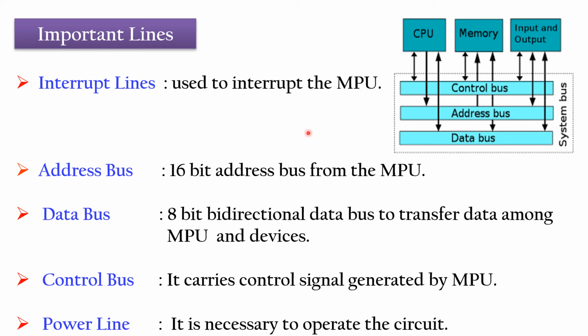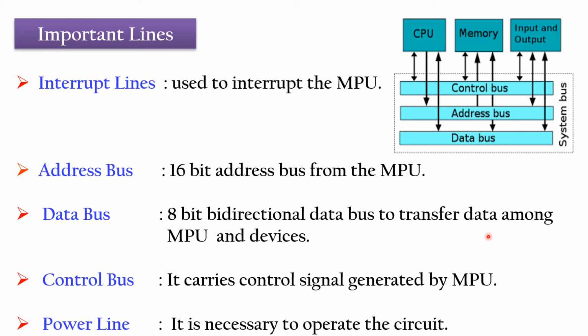Then address bus, 16-bit address bus from MPU or CPU. These are unidirectional. Data bus is bidirectional, to transfer the data between the MPU and the devices, right?